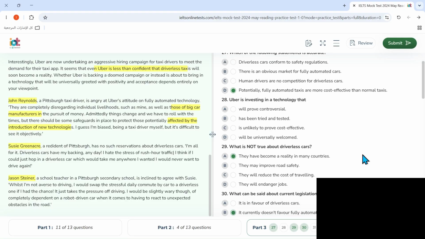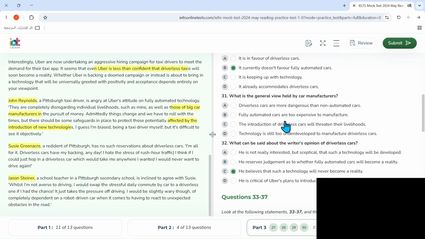Uber is investing in a technology that will prove controversial, has been tried and tested, is unlikely to prove cost effective, will be universally welcomed, will prove controversial.